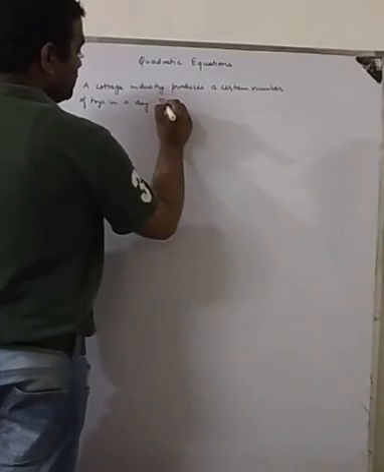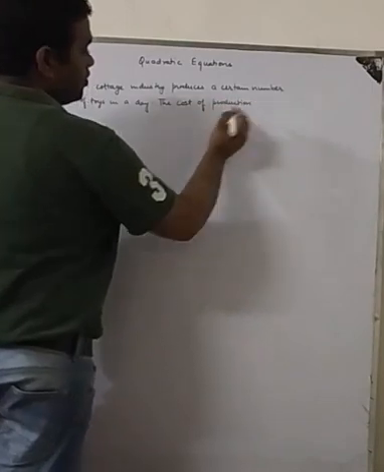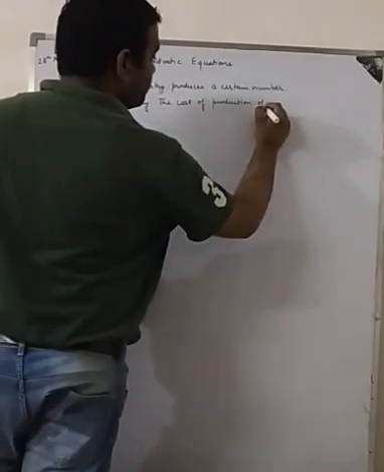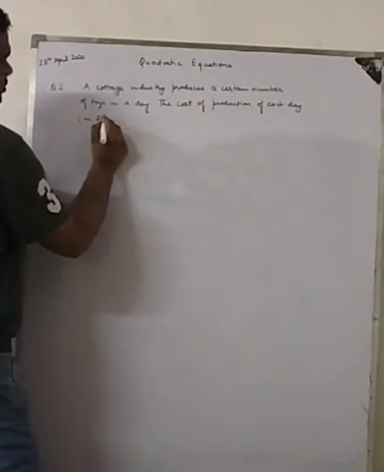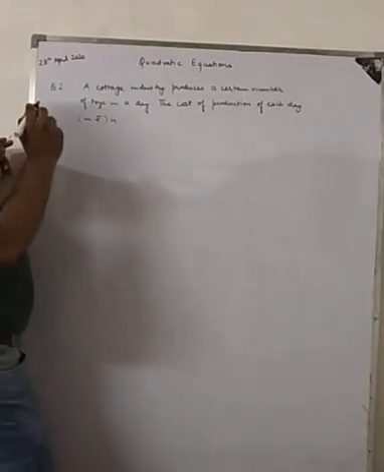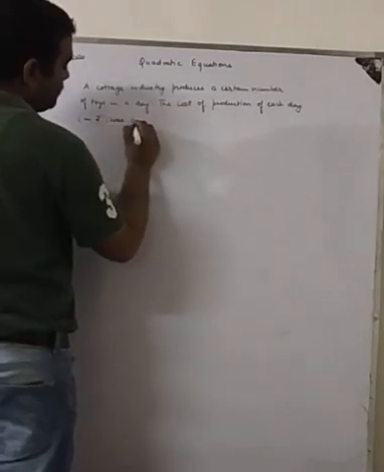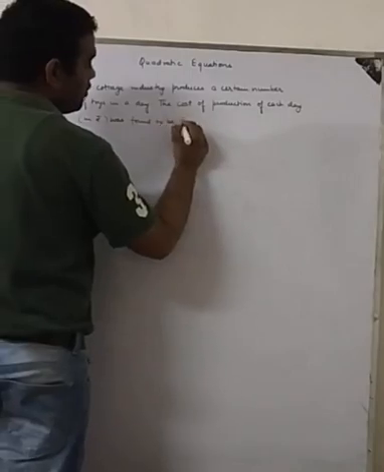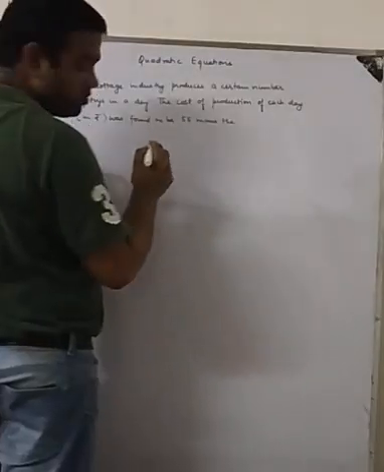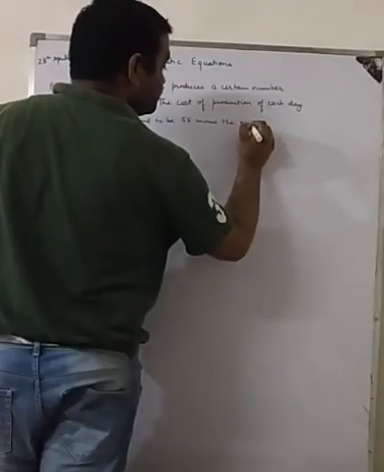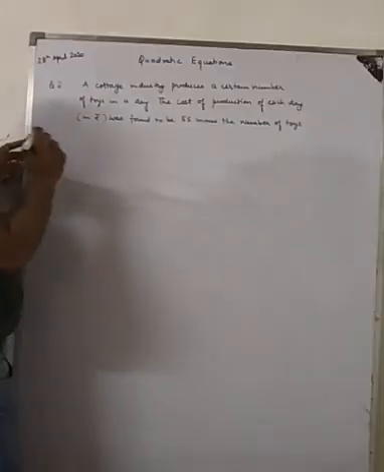The cost of production, which means total cost, of each day in rupees was found to be 55 minus the number of toys produced in a day.